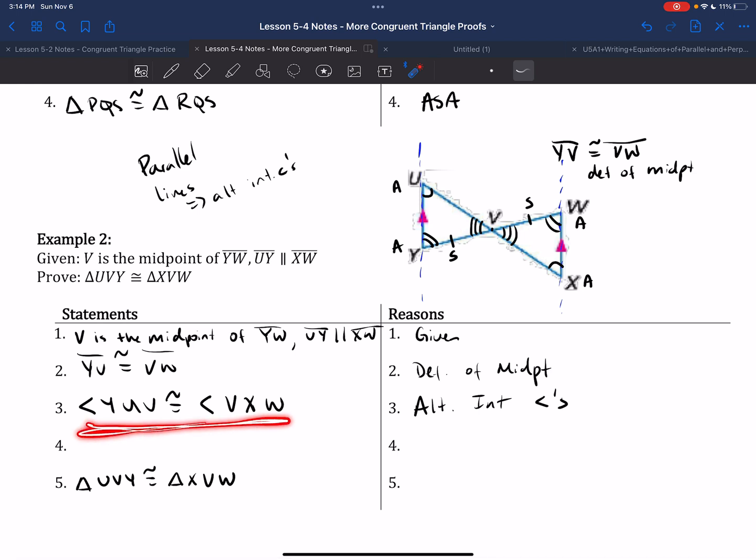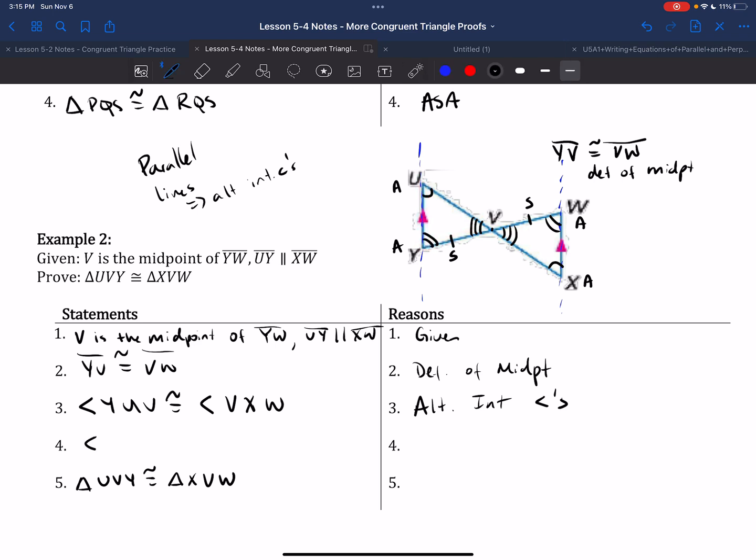The fact that we have one angle congruent to another angle, we have to write the other angle congruent to the other angle. So this angle, because it has two arcs there, is congruent to this angle, which also has two arcs there. So how do we write this? How do we put everything in order? We can write angle UYV, because Y has to be in the middle. It's the vertex.